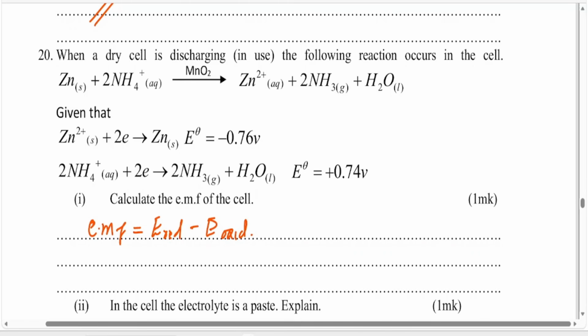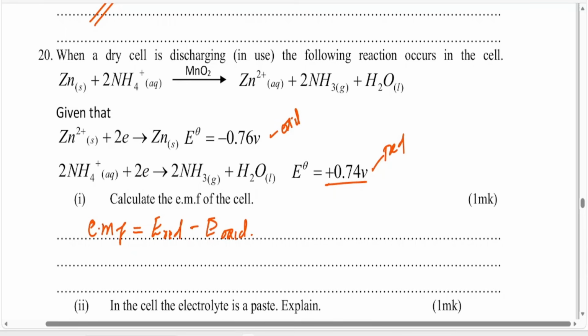E reduction means the cell that undergoes a reduction, and the cell that undergoes reduction is the cell that has a more positive EMF value. And of course, on the other side we have the cell that undergoes oxidation and it has a less positive or more negative EMF value.